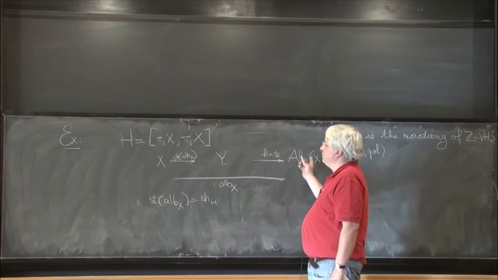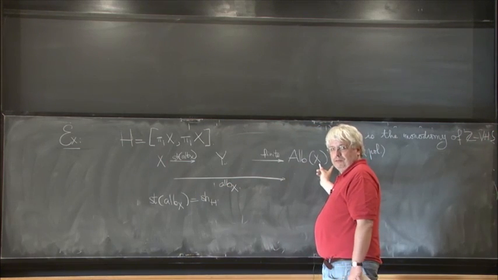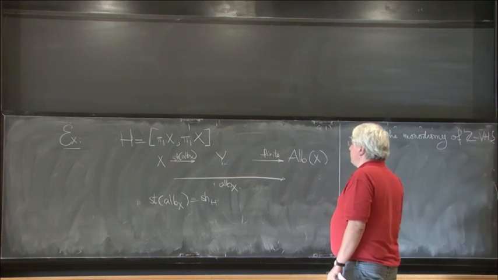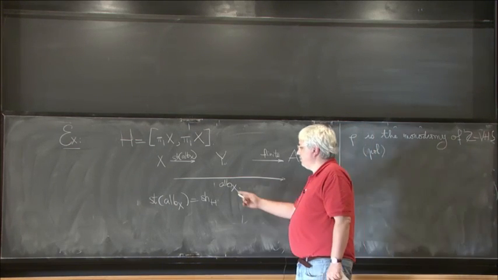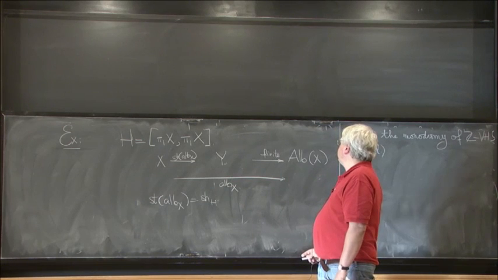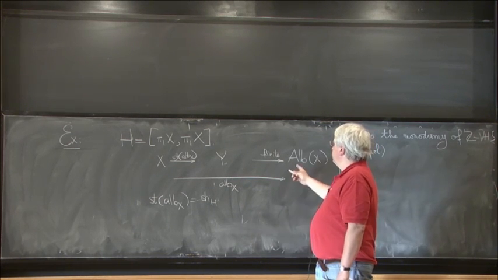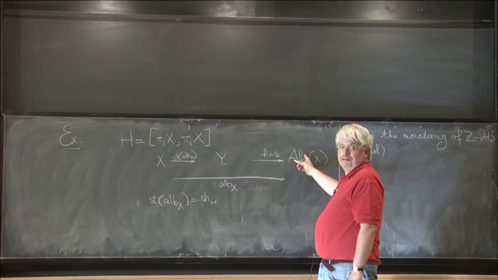Of course, you must say, okay, I map this guy to one of these points, but the various incarnations of the Albanese morphism are just obtained by post-translating.